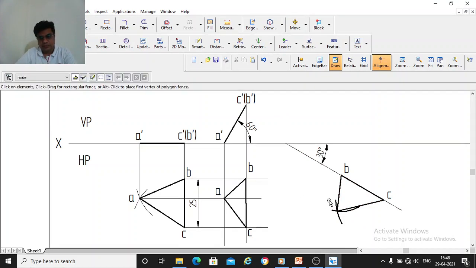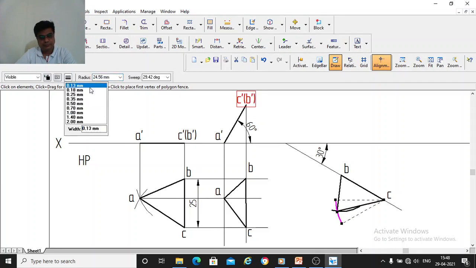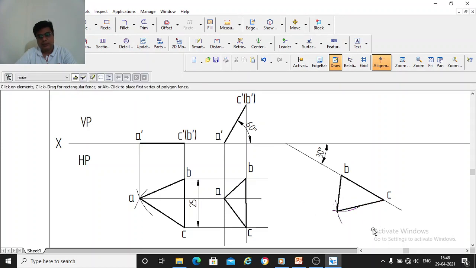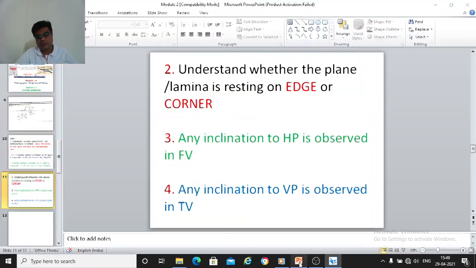Anyway, the arcs should be thin lines. So here you are redrawing this triangle here. So whatever length is there, you just take this length, and so this point is what? This point will be A. So you can write this point A here. So this is now the top view of this condition.